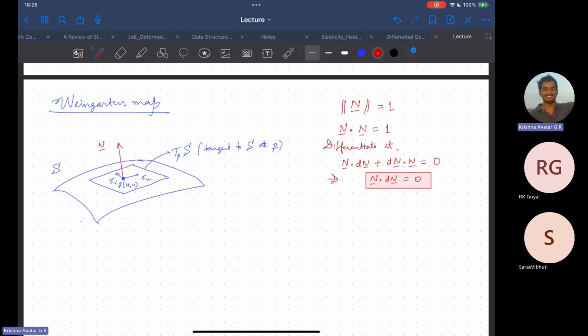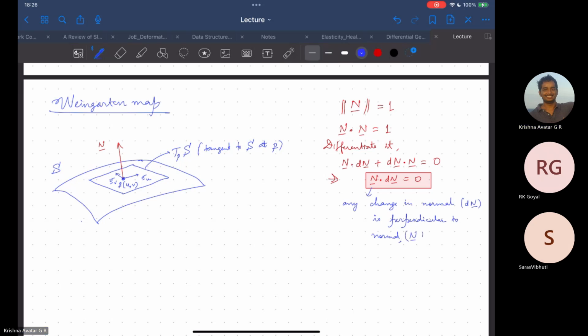So what does it say? This statement says that any change in the normal vector is perpendicular to the normal. That is, dn is perpendicular to the normal n vector.